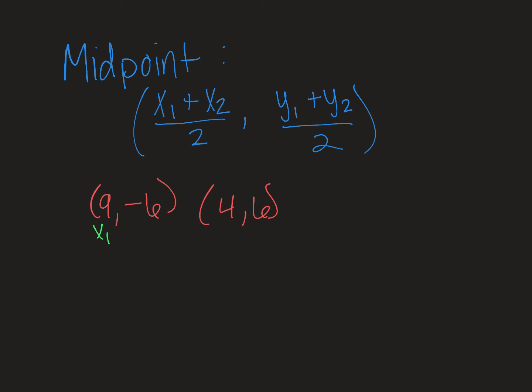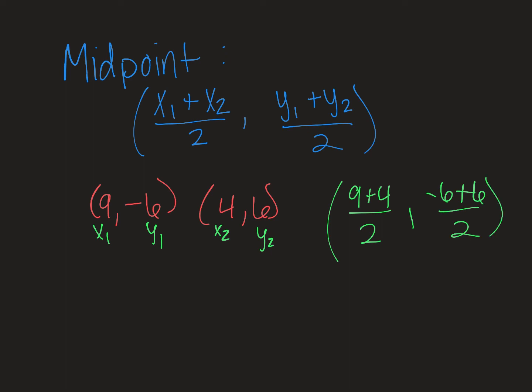So again, x1, y1, x2, y2. So we'd have 9 plus 4 over 2 to get our x coordinate. Negative 6 plus 6 over 2 to get the y. So you'd get 13 over 2 and 0. Done.